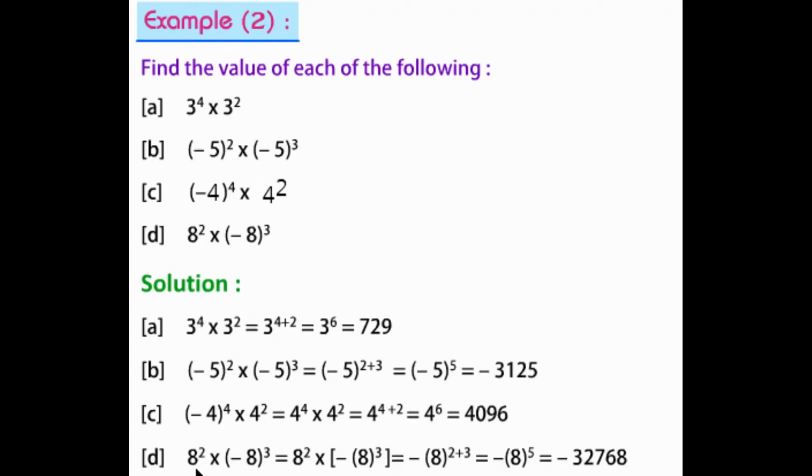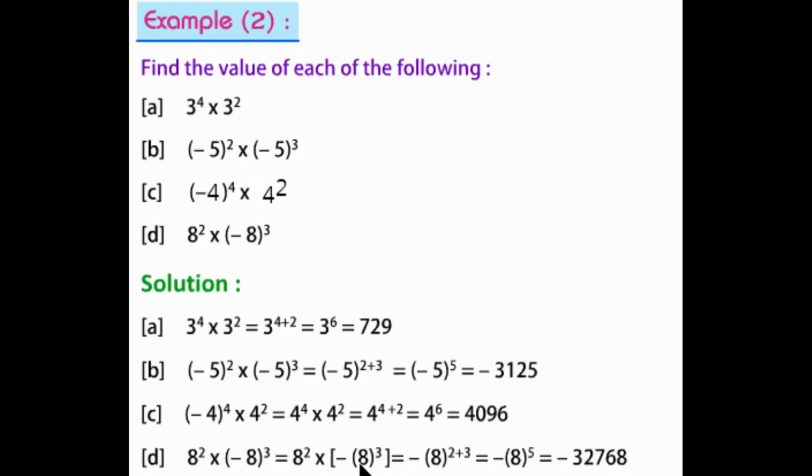D. 8 to the power 2 times negative 8 to the power 3. At first, write 8 to the power 2 times negative 8 to the power 3, with the negative outside the brackets because the power is an odd number, and positive times negative equals negative.